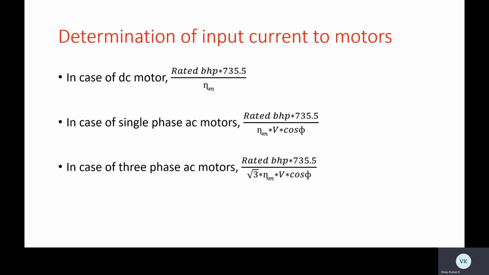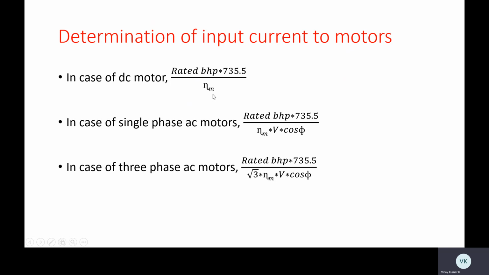Next thing is how to determine the input current to the motor. In case of a DC motor, just take the HP, multiply by 735.5 and divide by the efficiency. Then we directly get the rated current of the DC motor.